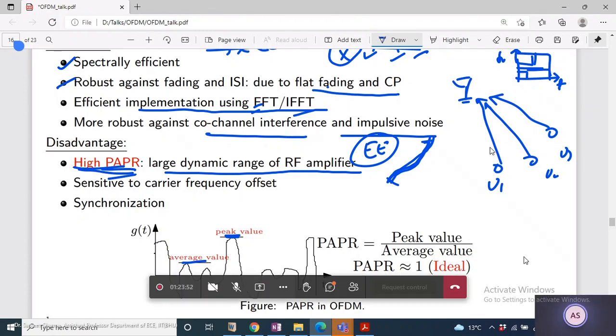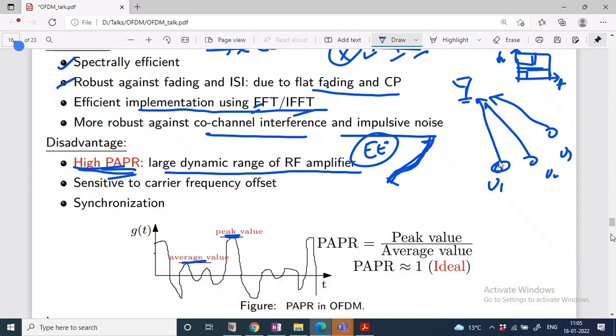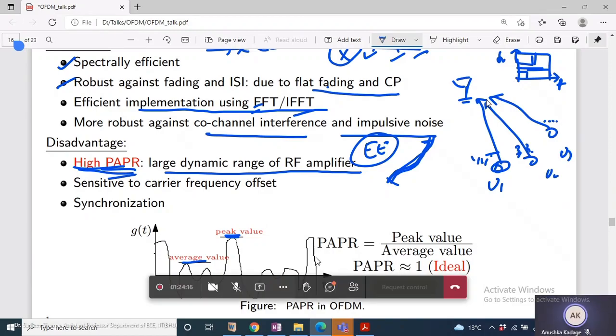You can think of this as a particular time: one or two carriers are used by this user, the second, third and fourth by another, and the third and fourth by another. At that same time they are transmitting, so the signals will add up. When the signals add up, sometimes it is going to peak and sometimes it is going to be low.